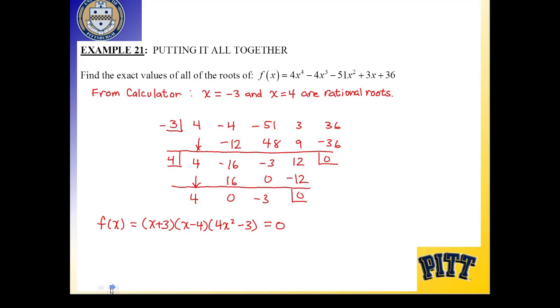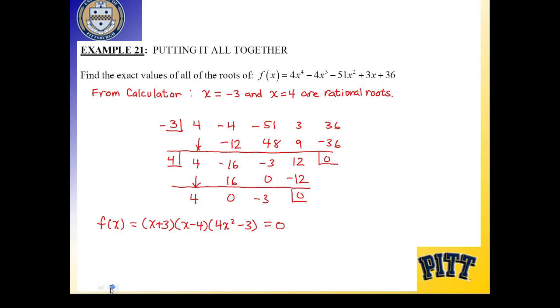By the zero product property, I have three quantities multiplying together to give me 0. One of those quantities has to equal 0 for that to happen. That's why we set it equal to 0, because this is ultimately a method of factoring. If you remember back when we talked about quadratics or even the quadratic formula, because the quadratic formula kind of has its roots from factoring as well.